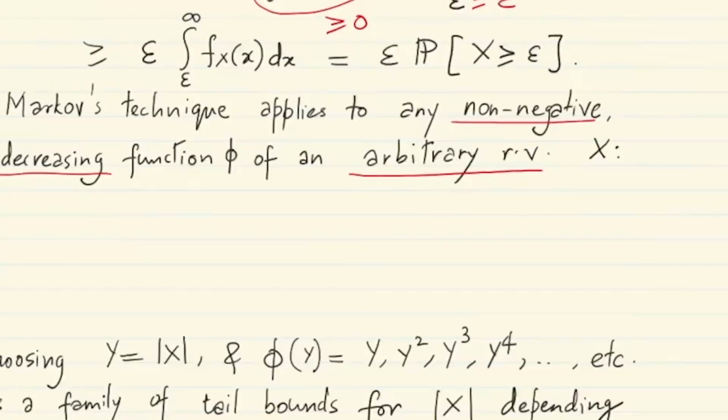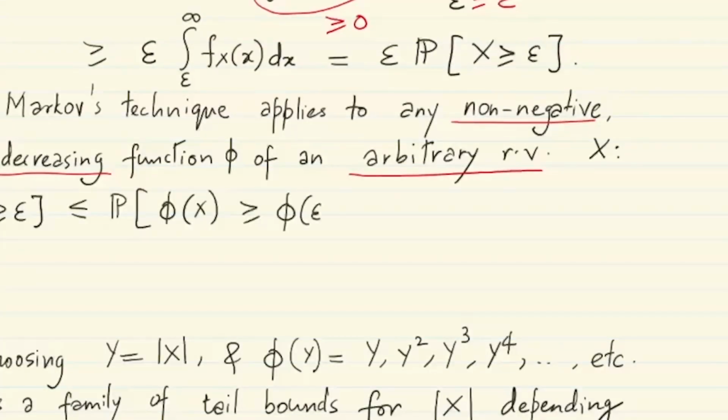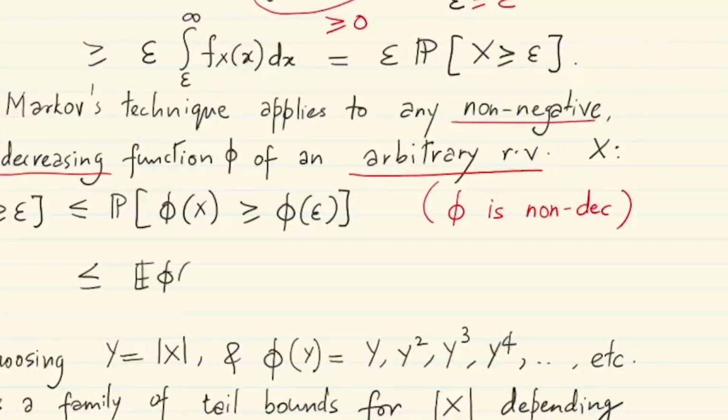If you are interested in finding the probability that x exceeds epsilon, this event implies that phi of x is at least phi of epsilon. This is because phi is non-decreasing, and further Markov's inequality can be applied here to give an upper bound of expected value of phi of x divided by phi of epsilon.